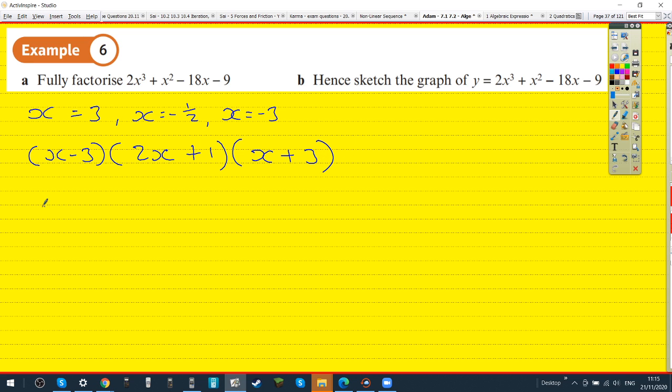Okay, part B, hence sketch the graph. How do we do that? Okay. And hence means using your previous answer.